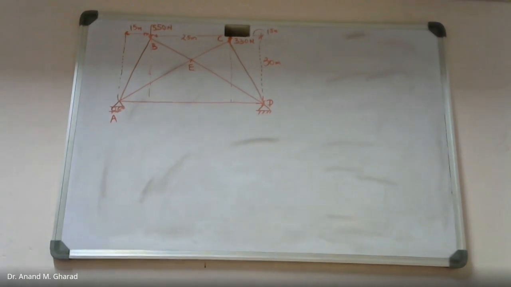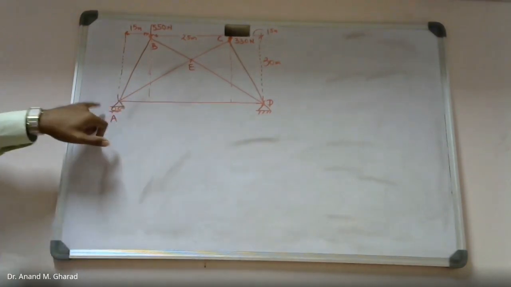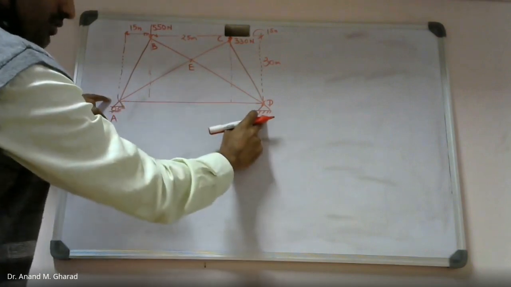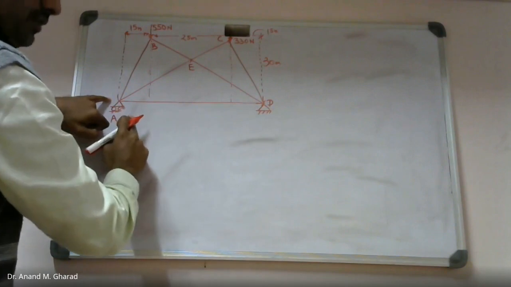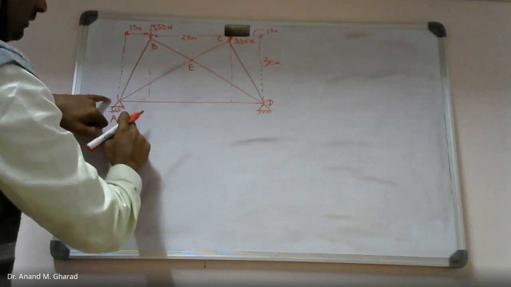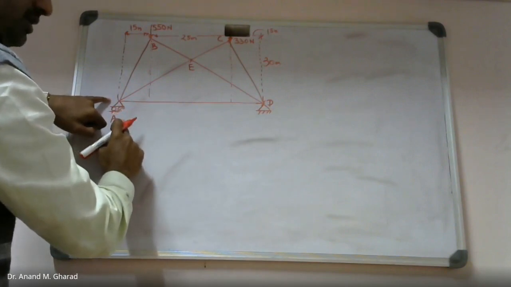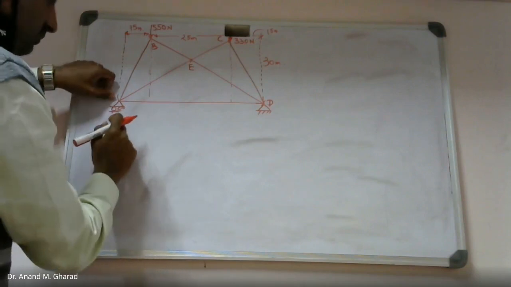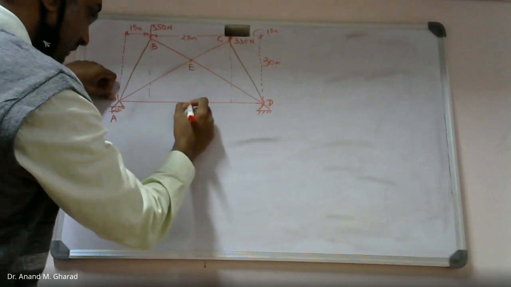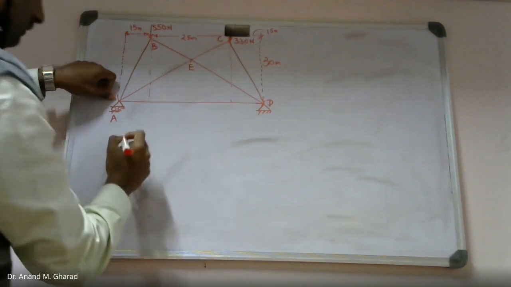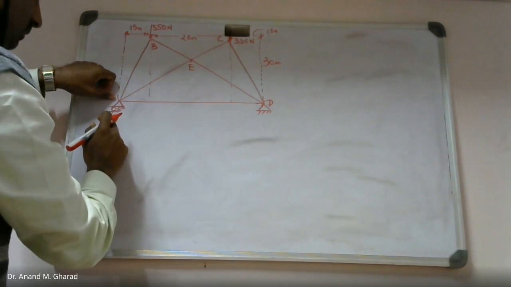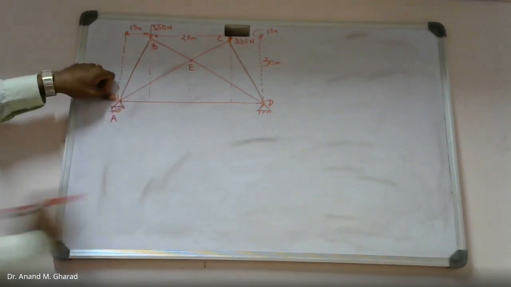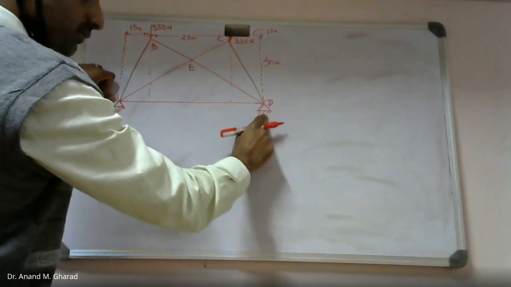So over here, since one of the supports is roller and another one is hinge, we can make use of this information and we can identify the reaction forces. Since we are supposed to calculate the force in member AD, we should know the information related to joint A or joint D, isn't it?